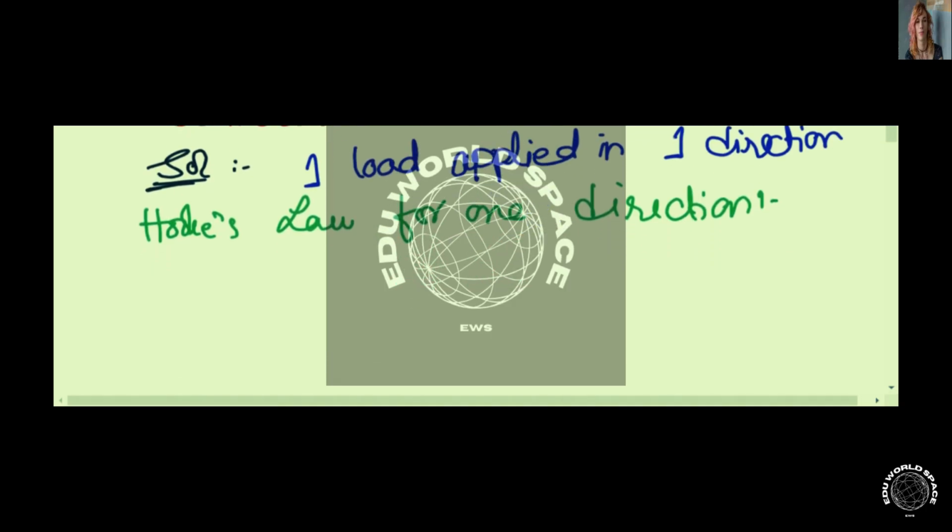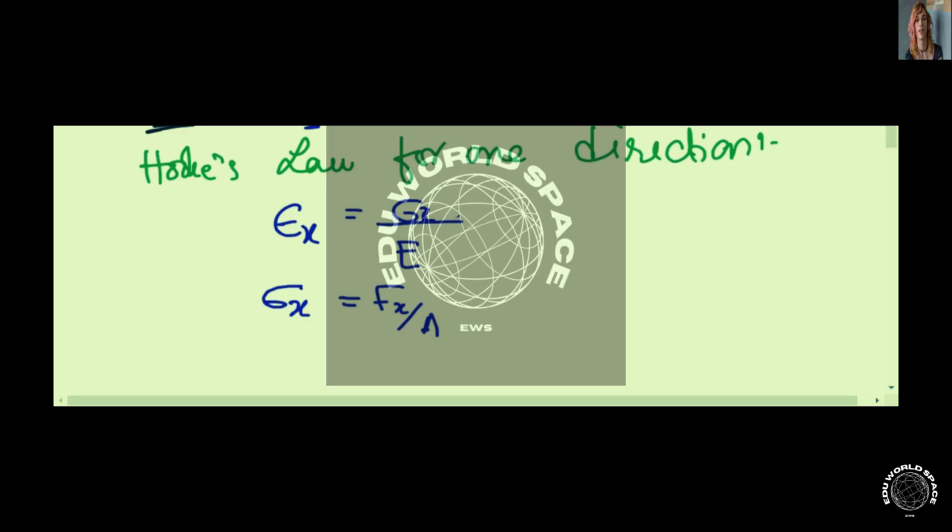That is epsilon sub x is equal to sigma sub x divided by E. Sigma sub x is equal to F sub x divided by A, and A is equal to pi r square.